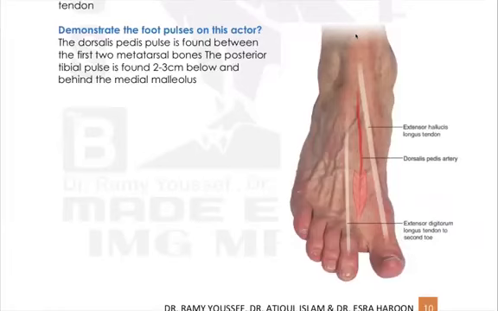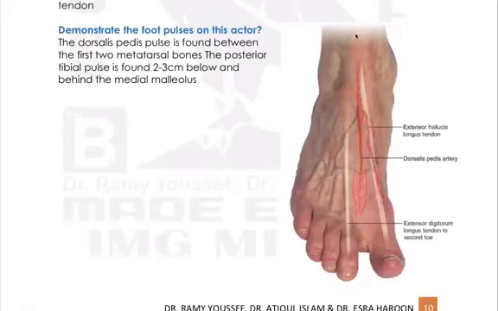You can ask the patient, can you pull your toe towards you? If the patient can do that, that means the extensor hallucis longus will be taut, right? So just lateral to it, you can put your finger to show the arteria dorsalis pedis.